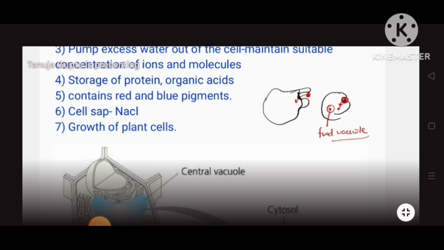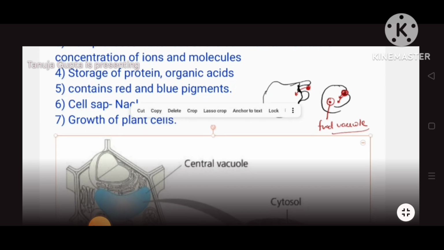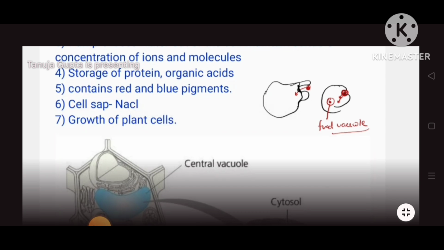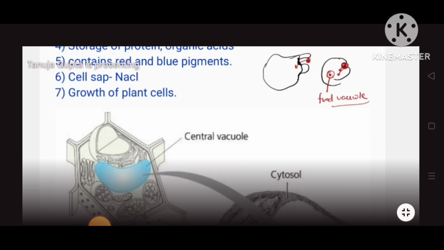Another one is the contractile vacuole. This is also present in the amoeba. So what happens in the contractile vacuole? Once the food is digested over here, this is amoeba again, all the nutrients are absorbed in the amoeba. The remaining part is called waste. Now this behaves like a contractile vacuole.